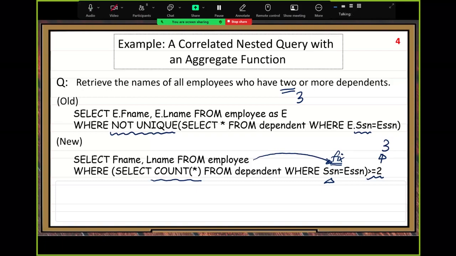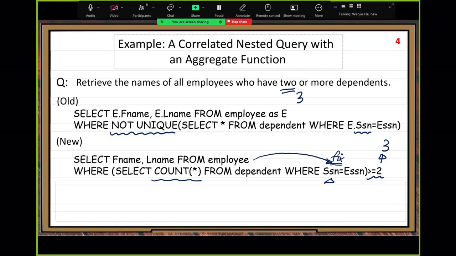But if you use the older way, the unique function, then you cannot separate the 2 and 3 cases, so it is much harder. That's the reason the new version is better: the version using the aggregate function is better than the version not using it.